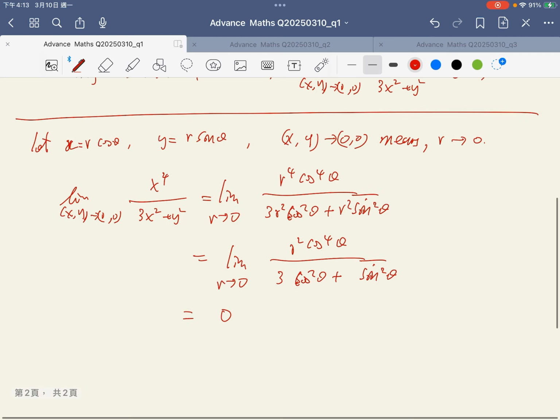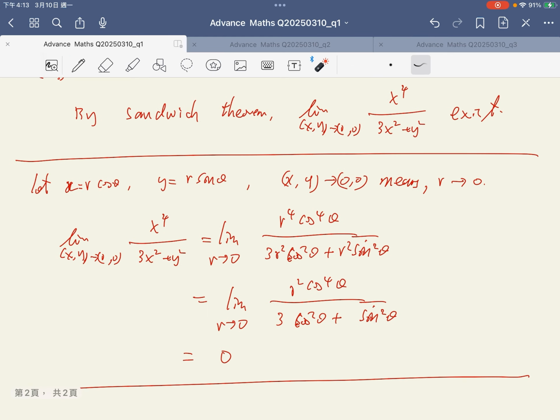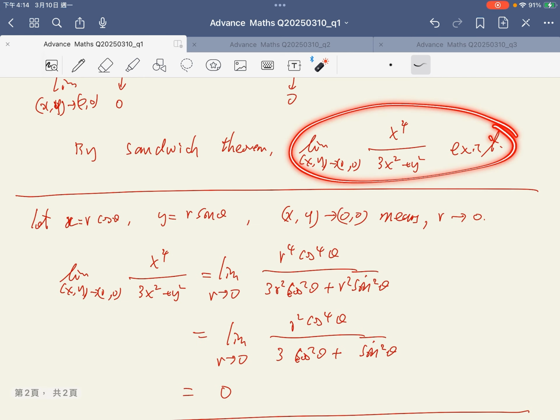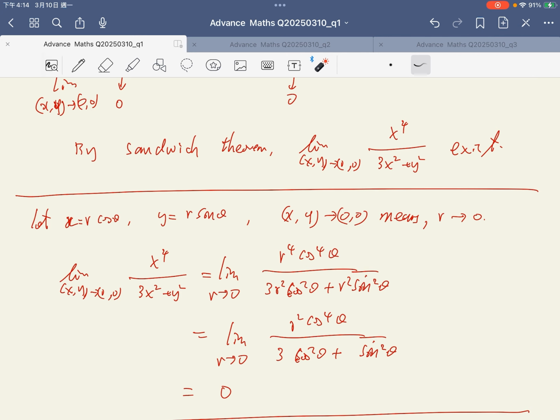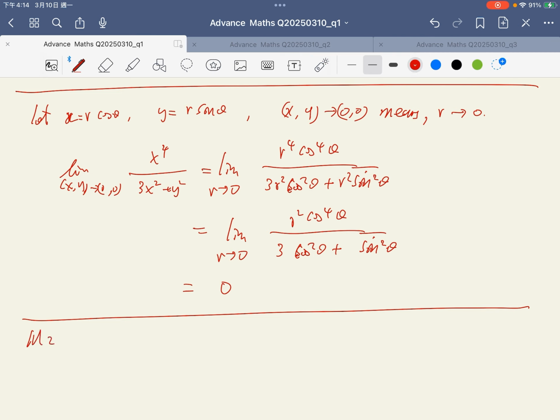Of course, I also provide another method, but it is not necessarily valid in general, so you can take it as a reference. If you have proved the limit exists, I emphasize, you can use many methods, and you can take the limit along a special direction. That is method 2.